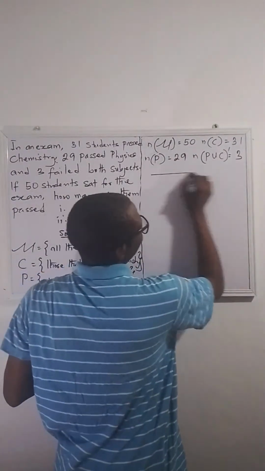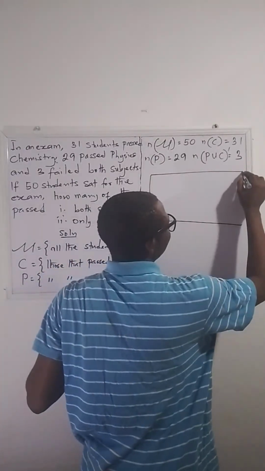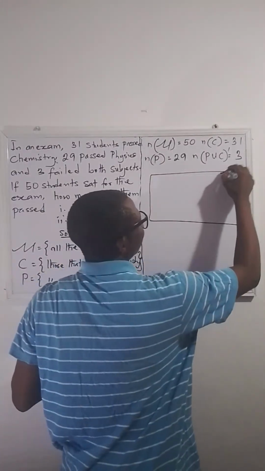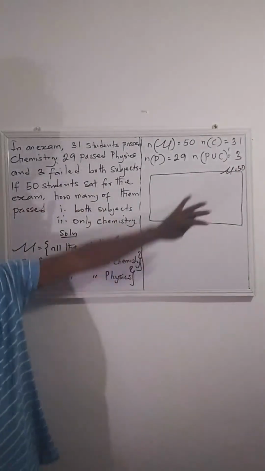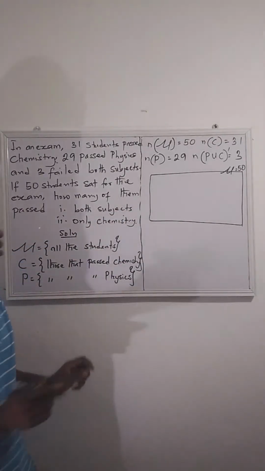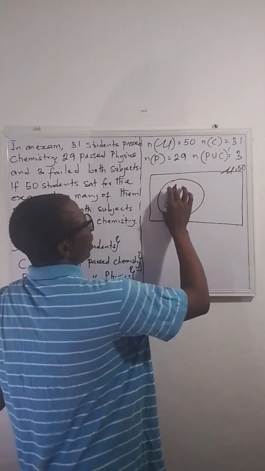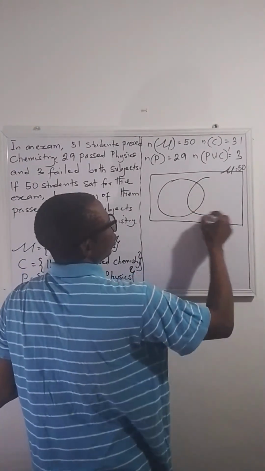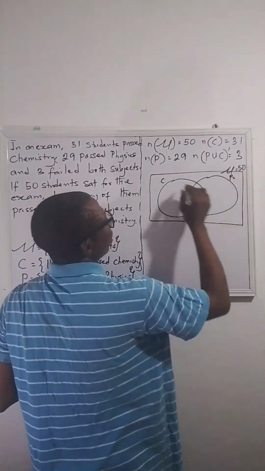So now, this is the universal set, 50. In the universal set, we have 2 sets: the set of those that passed chemistry and the set of those that passed physics.